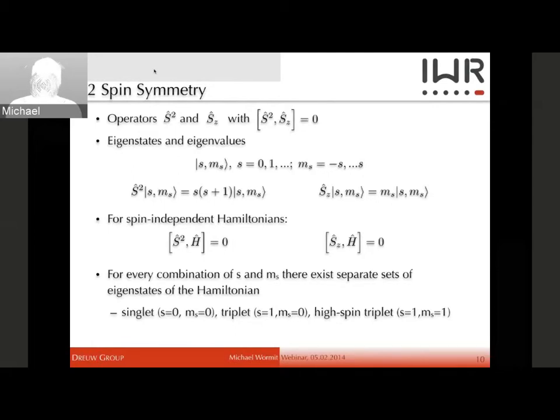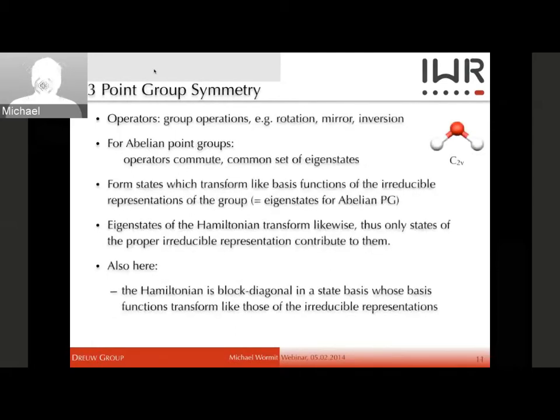But now let's go for the third, probably the most important and also the most difficult symmetry type, which is point group symmetry. There, the operators are the group operations like rotation, mirror, inversion.